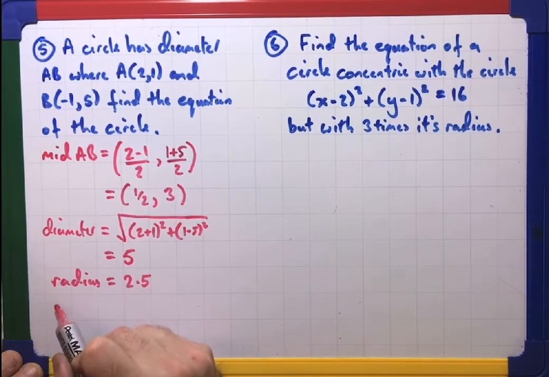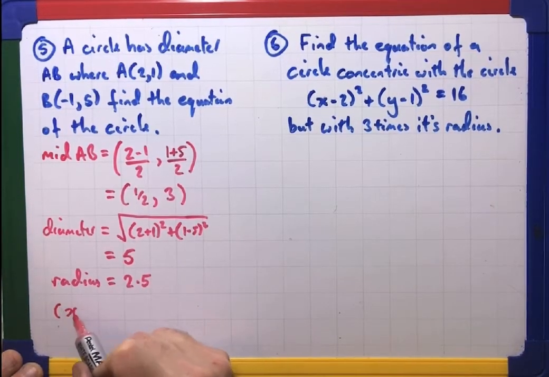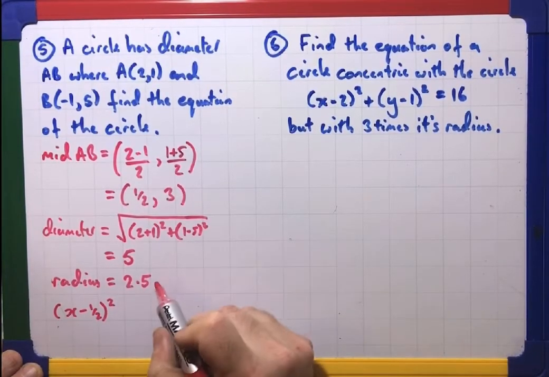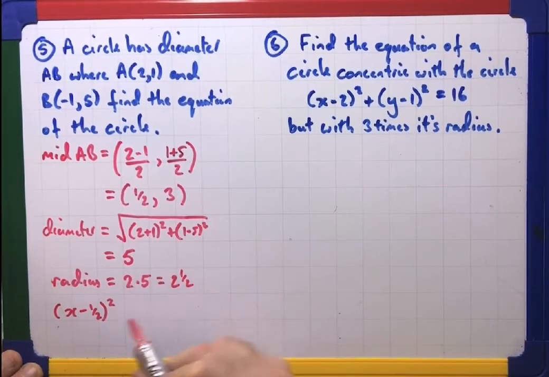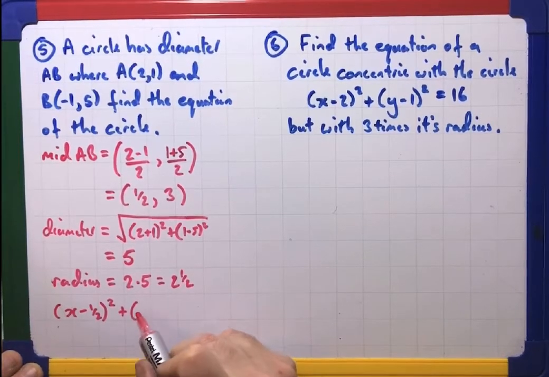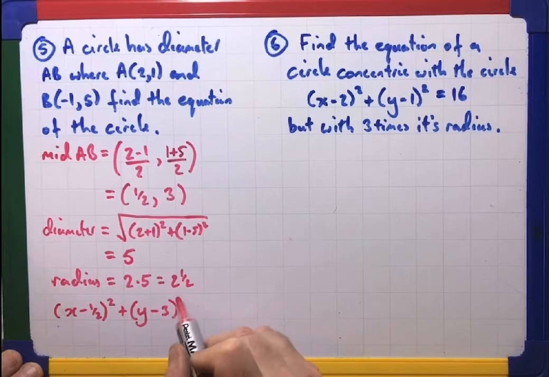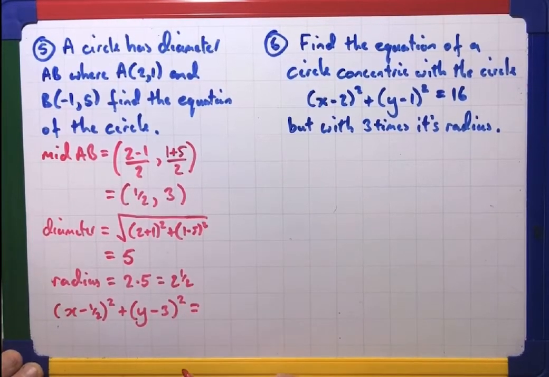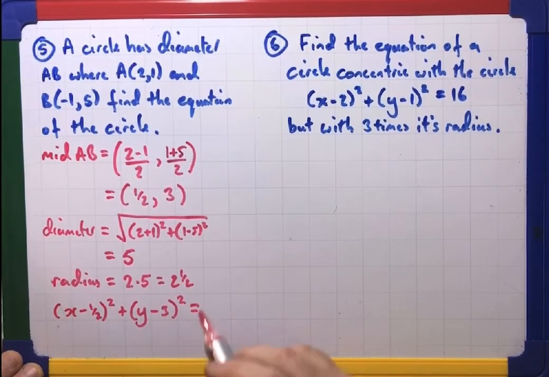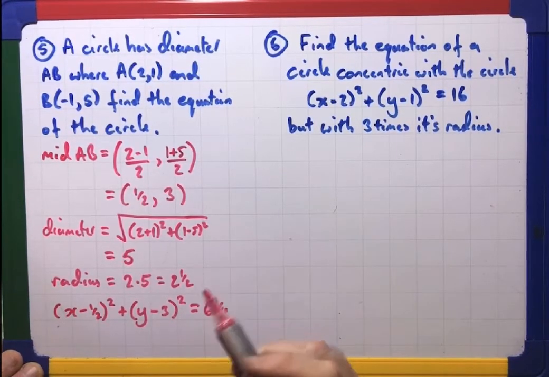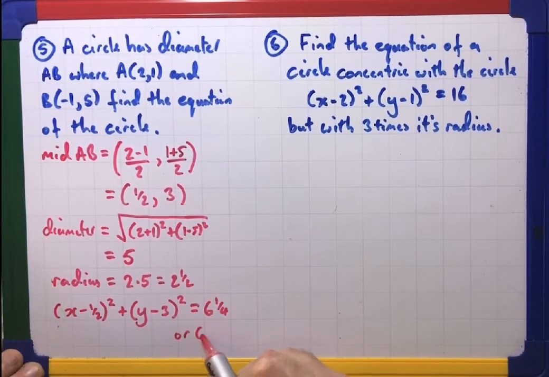So we've got (x − 1/2)², remember that's 2.5, hmm, plus (y − 3)² equals 2.5 squared, which is 6.25.